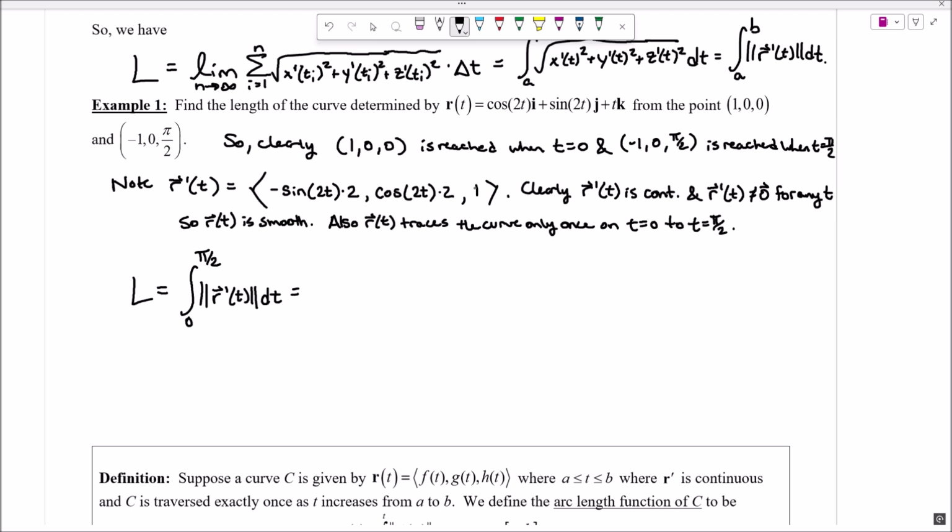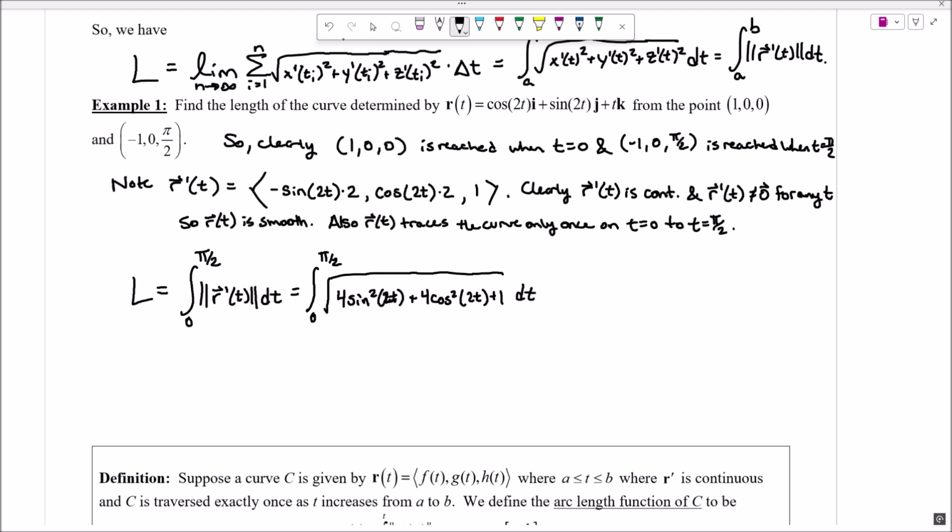So notice here, if I go ahead and actually attempt to set up what this integral fully looked like, I would just have to compute the norm of that r prime that I already have listed up above. So remember, that means I'm going to have to square each of my individual components. If I do that here, I'm going to get 4 sine squared of 2t plus 4 cosine squared of 2t and plus 1 squared, or just plus 1.